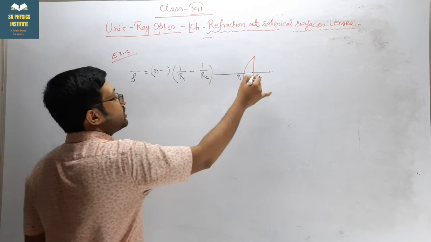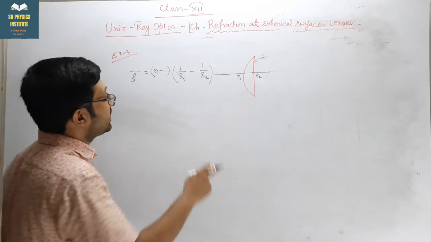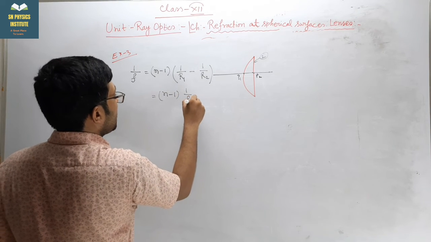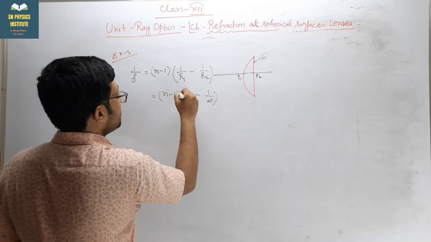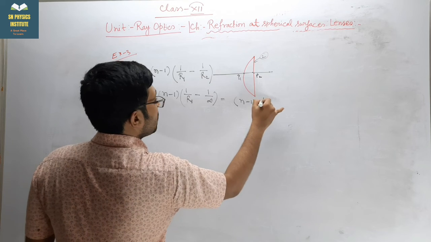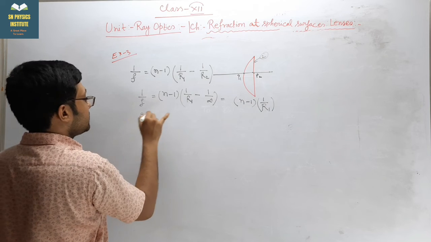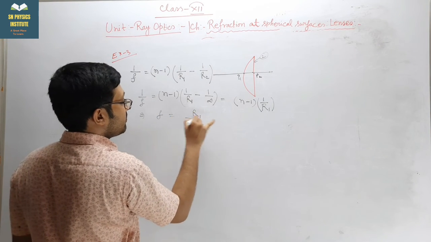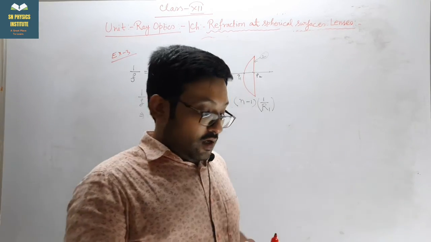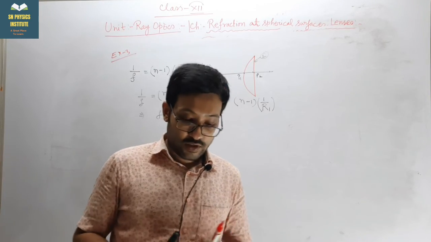But for the second surface the radius of curvature is infinite. So you write n minus 1 into 1 by R1 minus 1 by infinity, and this gives only n minus 1 into 1 by R1. So the focal length will be R1 divided by n minus 1. So these are the relations of the focal length and the radius of curvature for the different cases. Okay, thank you.